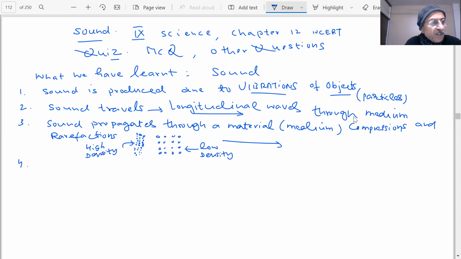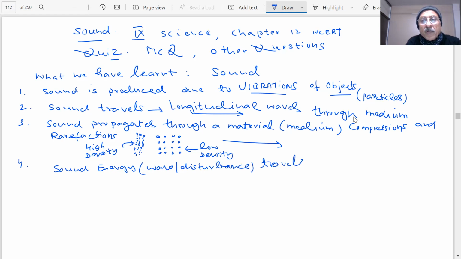There are successive compressions and rarefactions, and sound energy travels. The sound wave disturbance travels, but the particles of the medium do not travel.